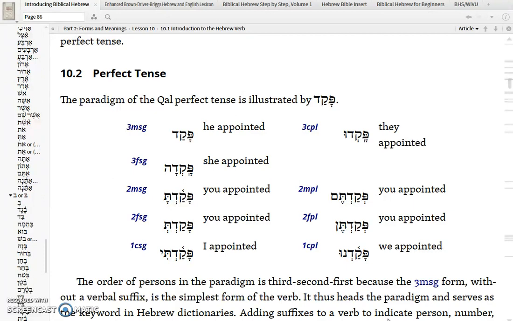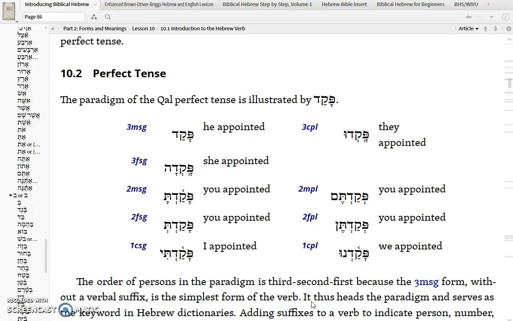And then you have pakadtem, you masculine plural appointed. Now again, there are actually four different forms of you. There's you masculine singular, you feminine singular, you masculine plural, and then you feminine plural would be pakadten. And then finally, we appointed, pakadnu.